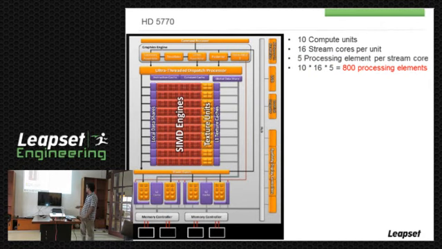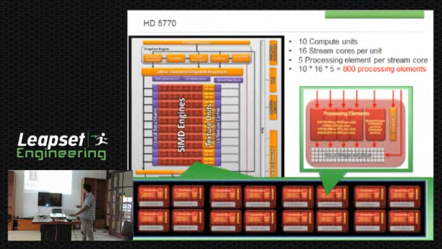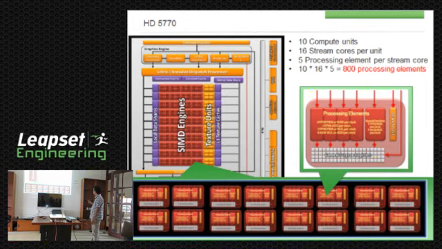So this is that particular card, 8770. This is how it is arranged inside the die, right? This is the area where we execute our code. It has 10 compute units. This row is called a compute unit. It contains 16 stream cores.